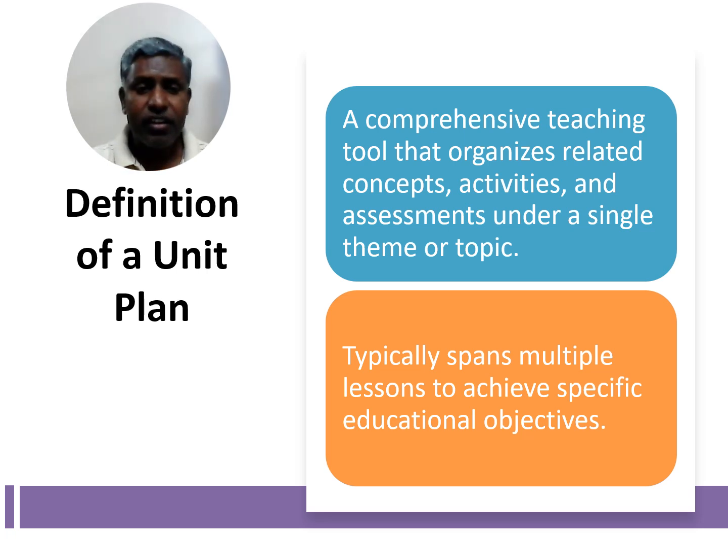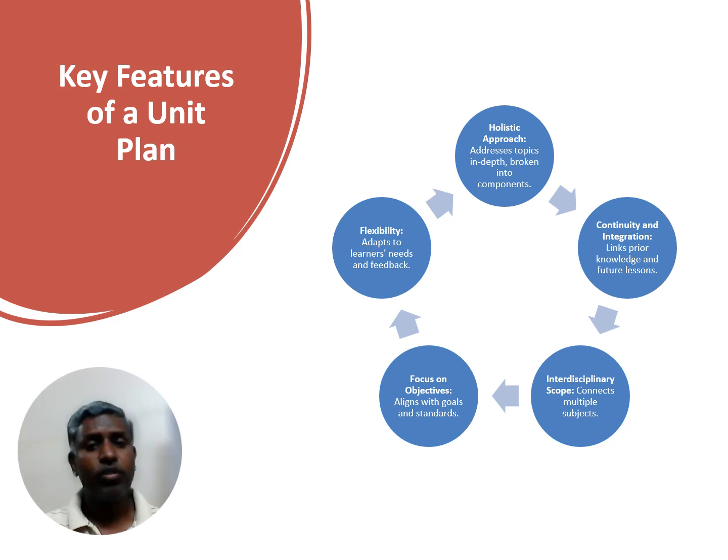With that, we move to the next important part: key features of unit planning. If we want to prepare the best unit plan, then we must know the 5 important key features. First one, the very important thing, is the holistic approach.